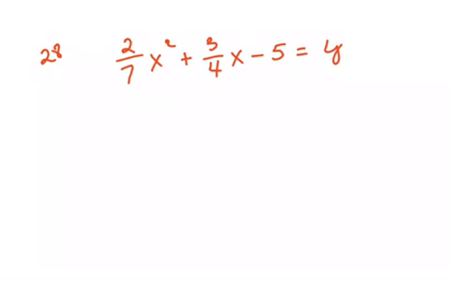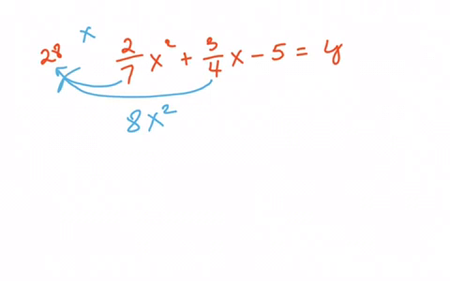Here we go. 7 goes into 28 4 times. 4 times 2 is 8x squared. All right. 4 goes into 28 7 times. 7 times 3 is 21x minus, well, it's just 5 times 28. 28 times 5, 40, carry the 4, 140. Minus 140 equals y.